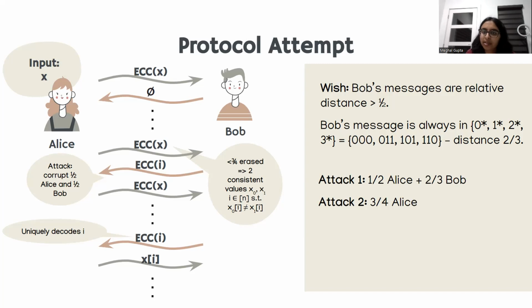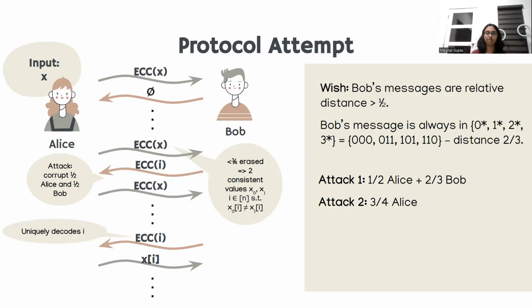So let's say that we were able to make Bob's possible messages distance 2/3 instead of distance 1/2. Then the attack of corrupting 1/2 of Alice and 1/2 of Bob no longer works. You would now have to corrupt 1/2 of Alice and 2/3 of Bob.